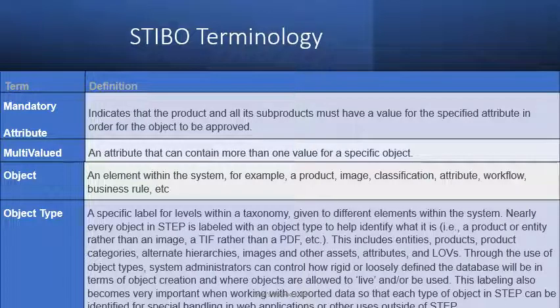Alternative hierarchies, in the type, mean the hierarchy which can show one product, like a milk product. If you search for a milk product on the website, it shows the milk product in various ways.